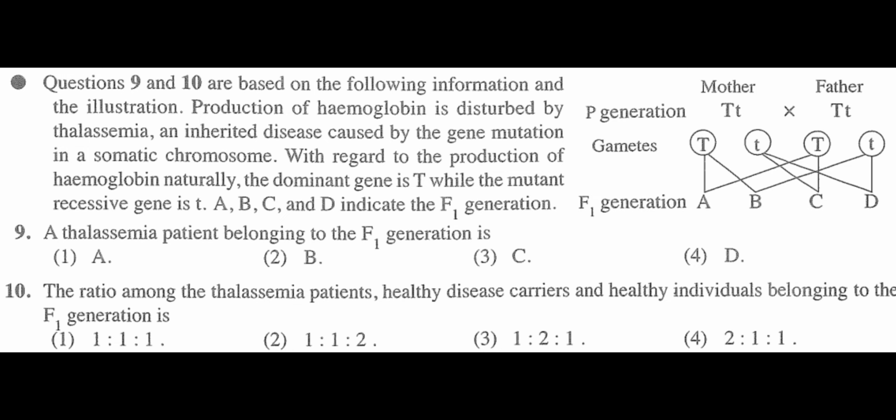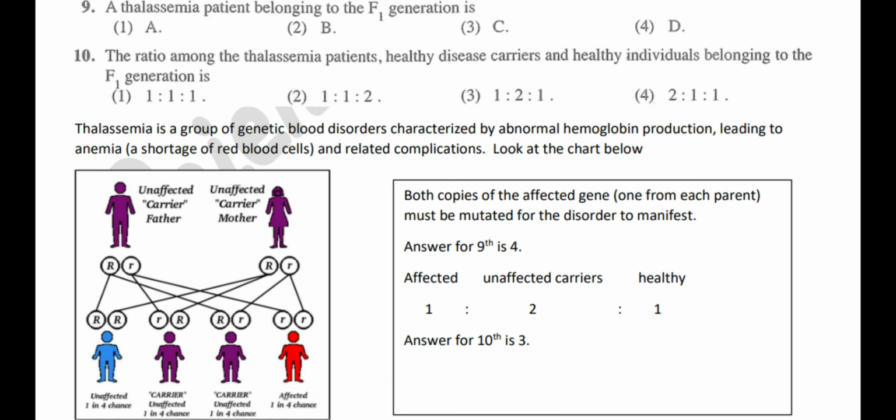First one, 9th question. A thalassemia patient belonging to the F1 generation is? Let's see who it is. As we can see in the graph, we have an unaffected carrier mother and an unaffected carrier father, because each has capital T and small t. In the graph it's shown by capital R and small r, but capital is the unaffected gene, small is the affected gene.